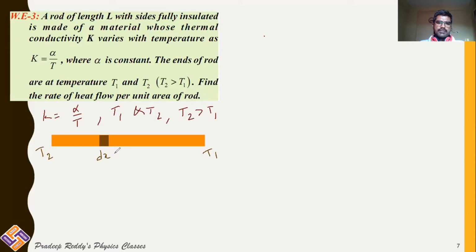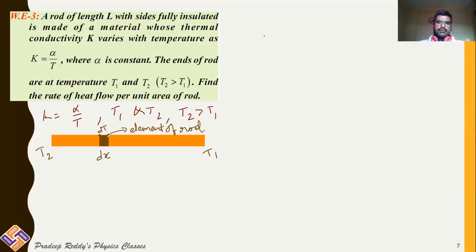This is the length which is dx. Now in this dx length, there will be some amount of heat transfer, and the temperature difference from here to here is dT. The total temperature difference is T2 minus T1, but in this case, we take the temperature difference for this very small element of the rod.